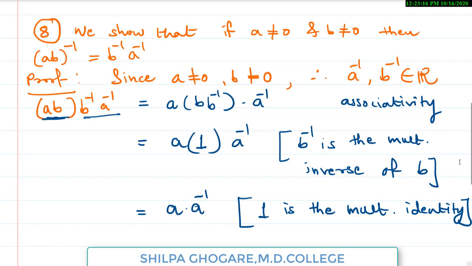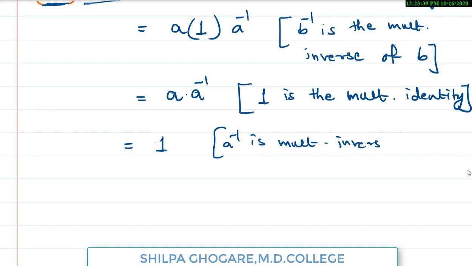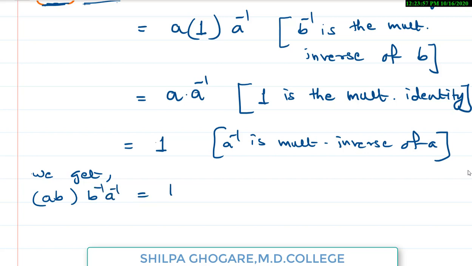Let me take the screen up a little bit. Which is equal to, now what is A into A inverse? Again, what is A inverse? It is multiplicative inverse of A. So their product, how much will it come? It will be 1. Why? Because A inverse is multiplicative inverse of A. And so what do I get? We get AB into B inverse A inverse is equal to 1.